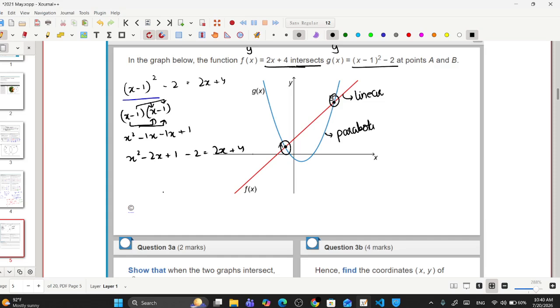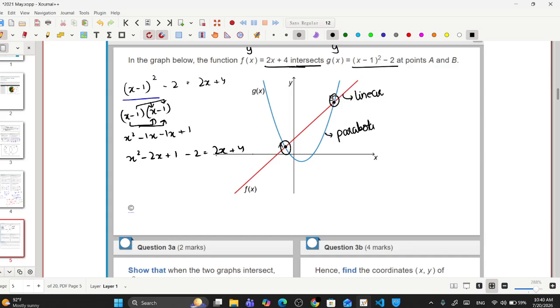Let's take all the terms to the left side of the equation to make sure that we have only 0 on the right. X squared minus 2x plus 1 minus 2 minus 2x minus 4 equals 0. So the x squared term remains as it is.